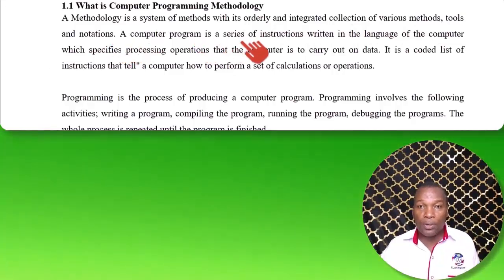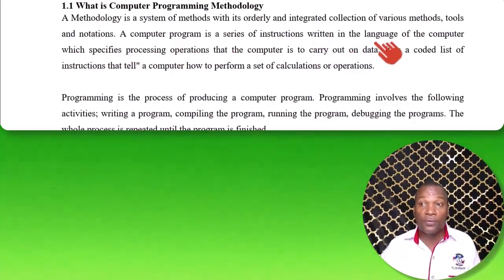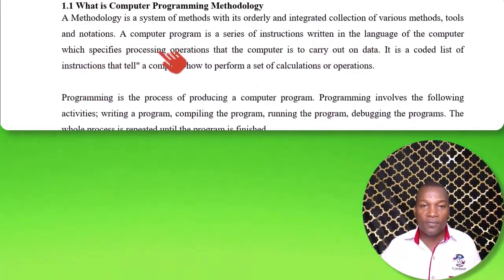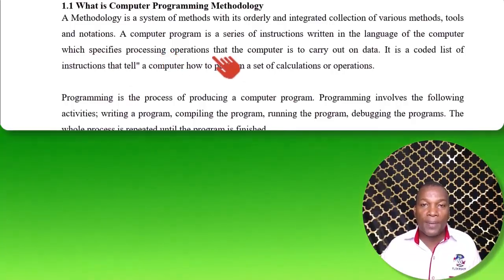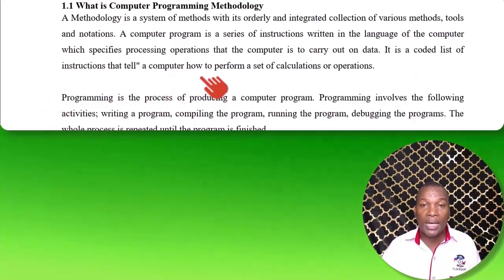A computer program is a series of instructions written in the language of the computer, which specifies processing operations that the computer is to carry out on data. It is a coded list of instructions that tell a computer how to perform a set of calculations or operations.